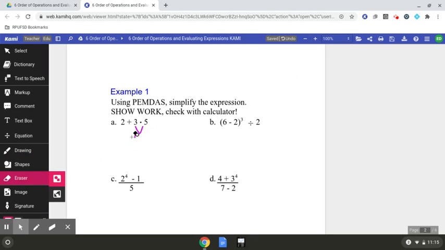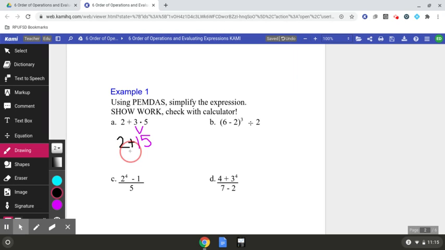Too spotty there, I'm going to redo that. So 3 times 5 is 15. We can bring down what's left, which is that 2 and the plus. Then we move to the A and the S, which is addition or subtraction, which again we do have. We have addition. So 2 plus 15 is 17.